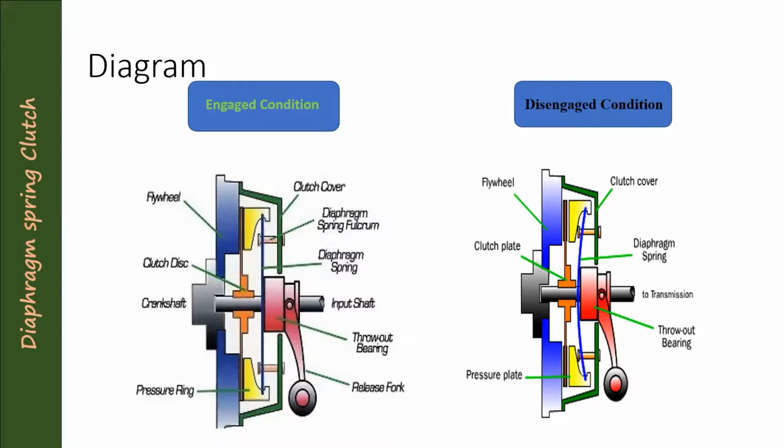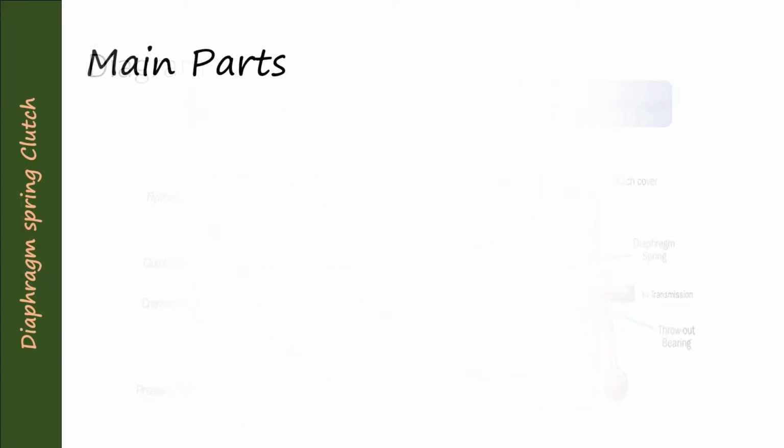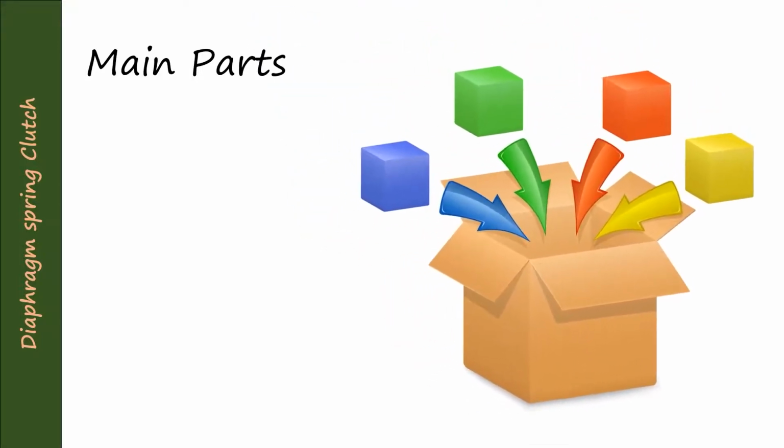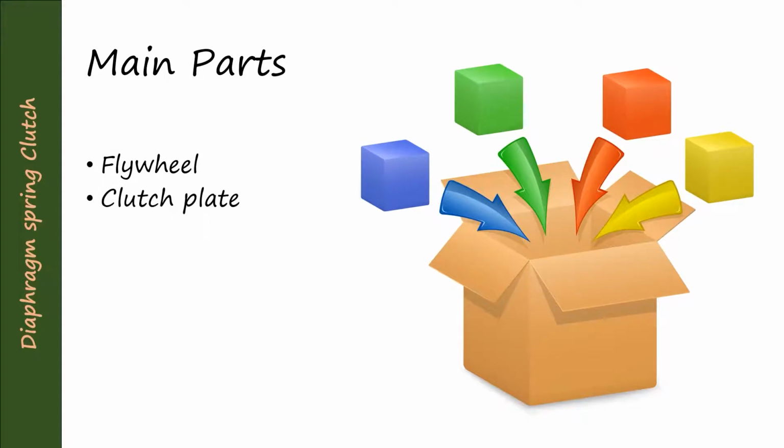So next, what are the main parts of the diaphragm spring clutch? Number one is flywheel. Number two, clutch plate. Number three, pressure plate.